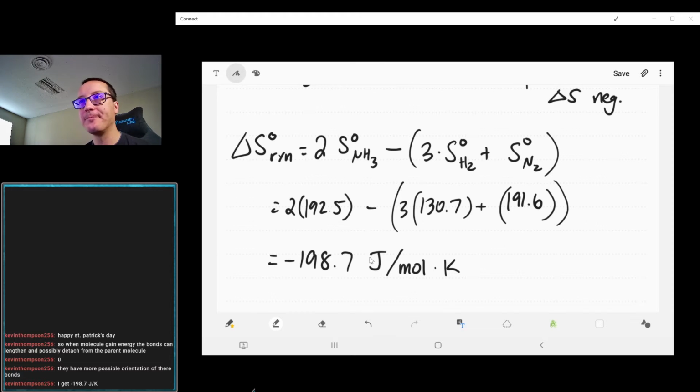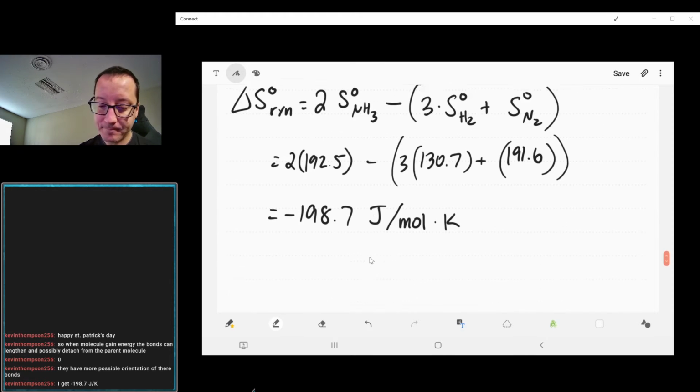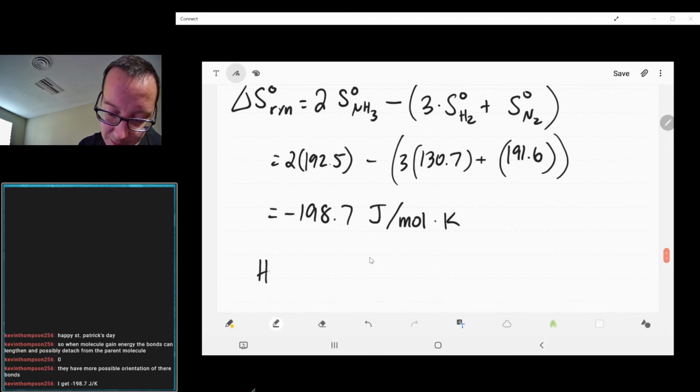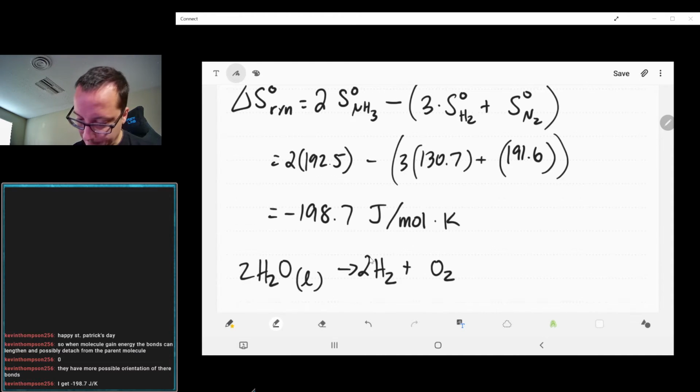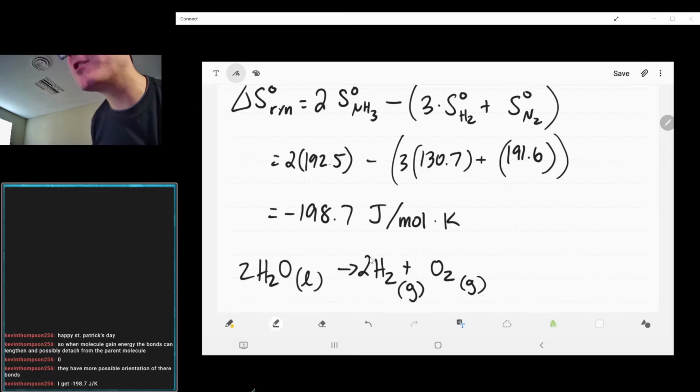Let's do another one. Let's do electrolysis. So this is a process by which we apply electricity to get this reaction to happen.